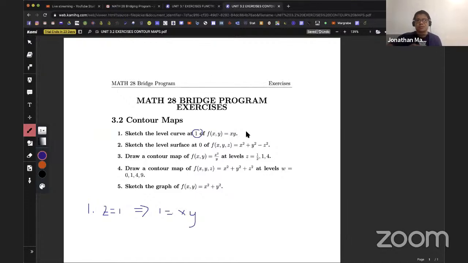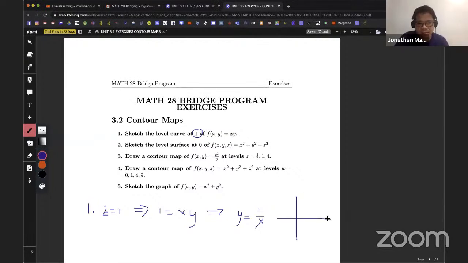Okay? And pwede mo itong i-transform to your more common equation. Ang common equation natin from this is y equals 1 over x. This is our basic rational function, and I hope that you know how to graph this rational function.